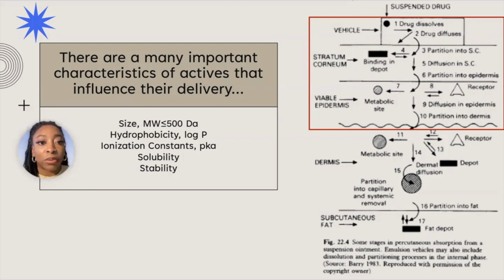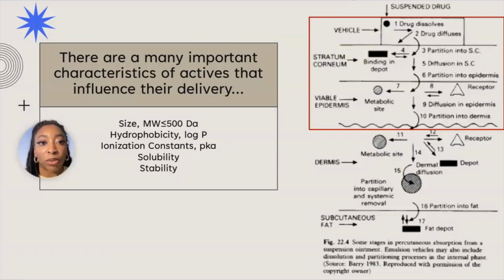Just getting an active from the product into the stratum corneum involves many steps. And then to go to the viable epidermis, they have to penetrate and diffuse into that layer, which represents a whole other challenge. There are multiple different steps of that process that affect delivery and deliverability.